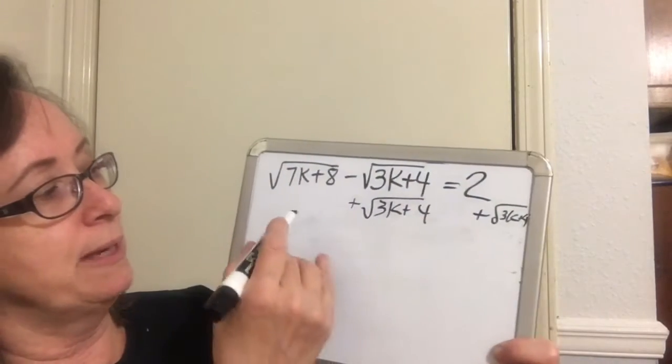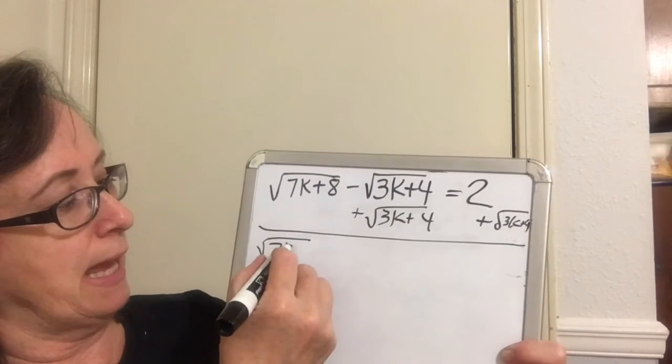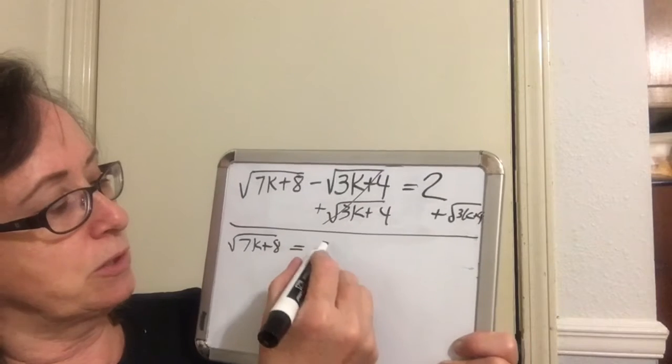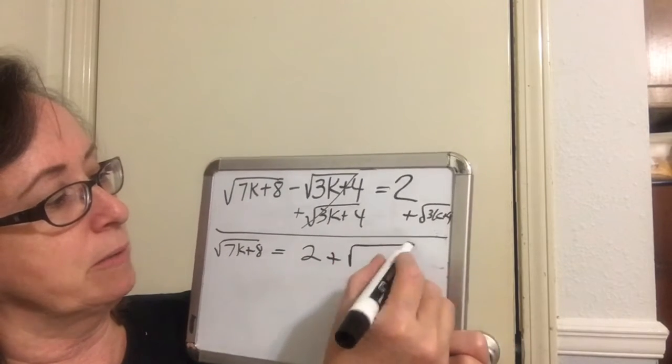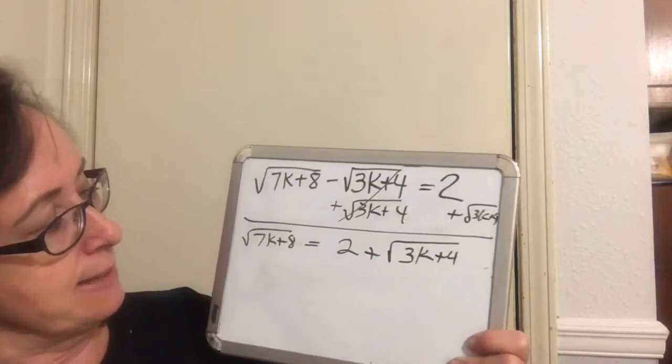Now my new equation will be the square root of 7k plus 8, this cancels, is equal to 2 plus the square root of 3k plus 4, because I added this to both sides.